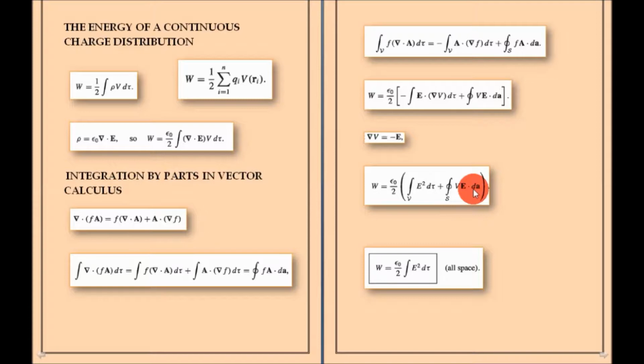So what we do, we integrate over the whole space. As this term was going down like 1 upon r, and now we are integrating over whole space, that means the radius is infinity, the contribution from this term will become 0, and finally we arrive at our final expression of work done in terms of electric field.